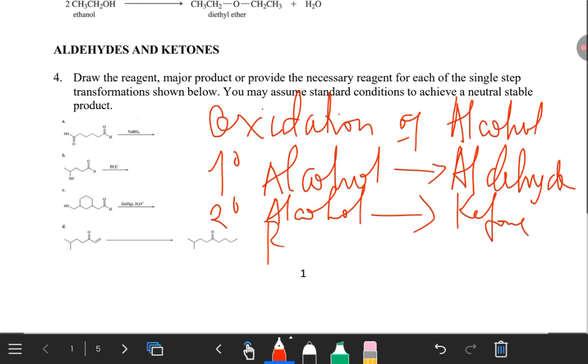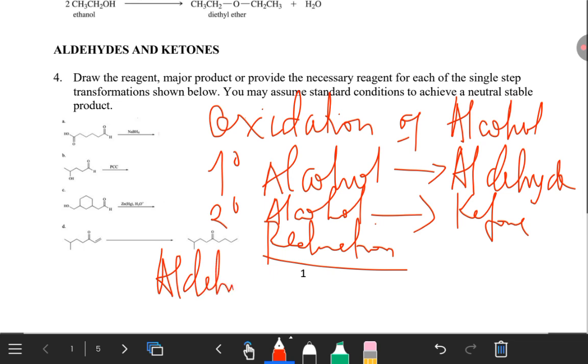Okay, so this is actually the opposite of reduction. For reduction, if we reduce aldehydes, we are going to form a primary alcohol.